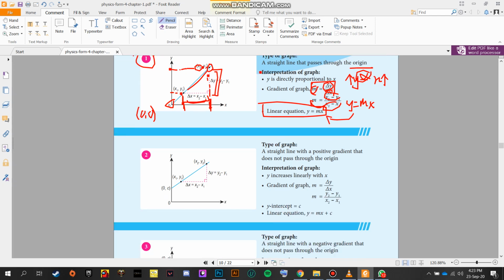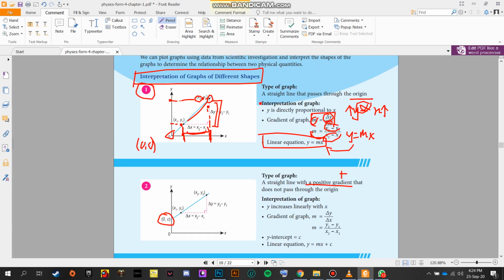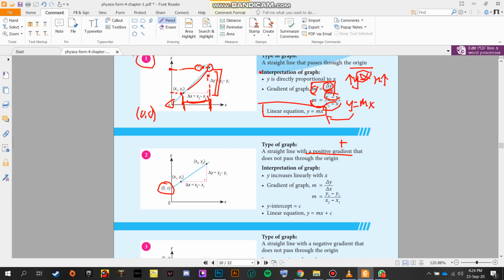Right. The next graph we are going to look at is a straight line graph with a positive gradient that does not pass through the origin. It has an intercept at the y-axis here. The gradient will be the same as the first graph, which is y2 minus y1 over x2 minus x1, but we have an intercept c.